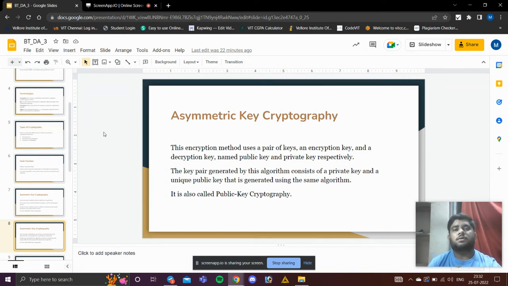The private and public pair in this technique are used for encryption and decryption. The private key is always with the original maker of the text, and the public key is used by others to send text and similar things.